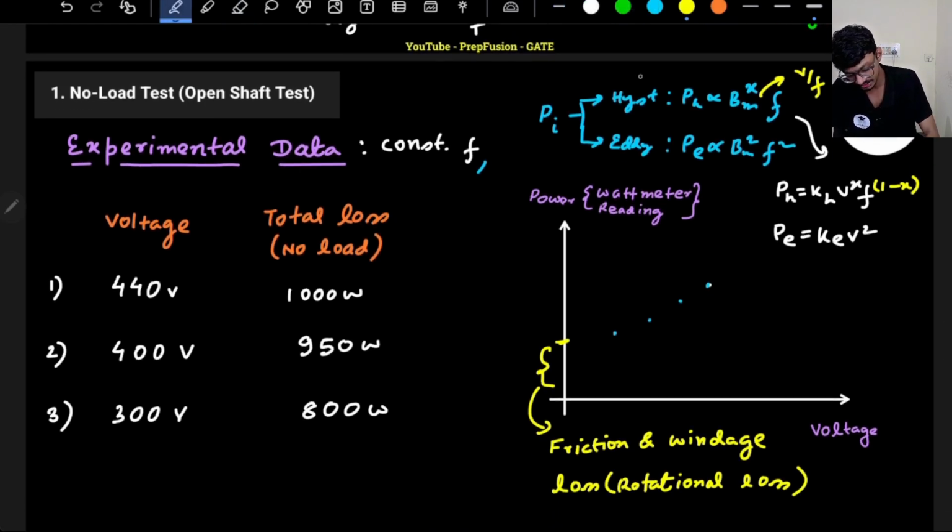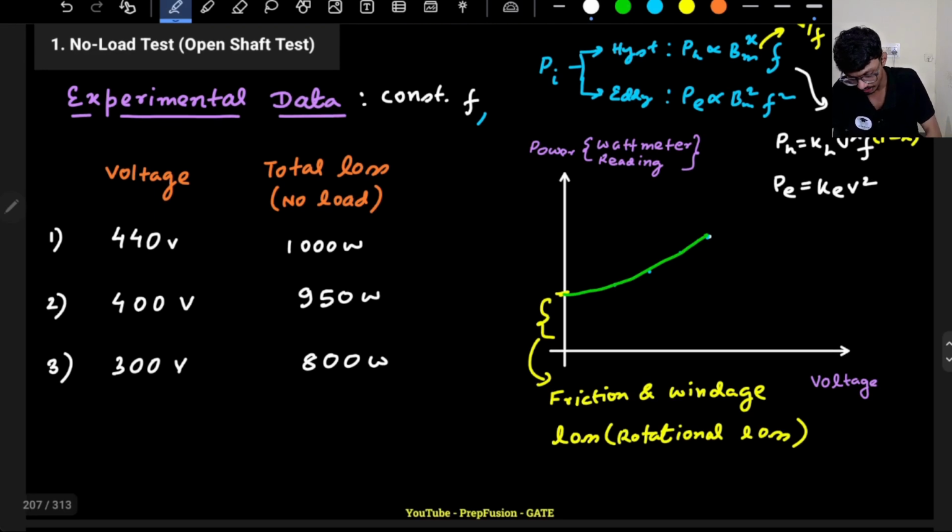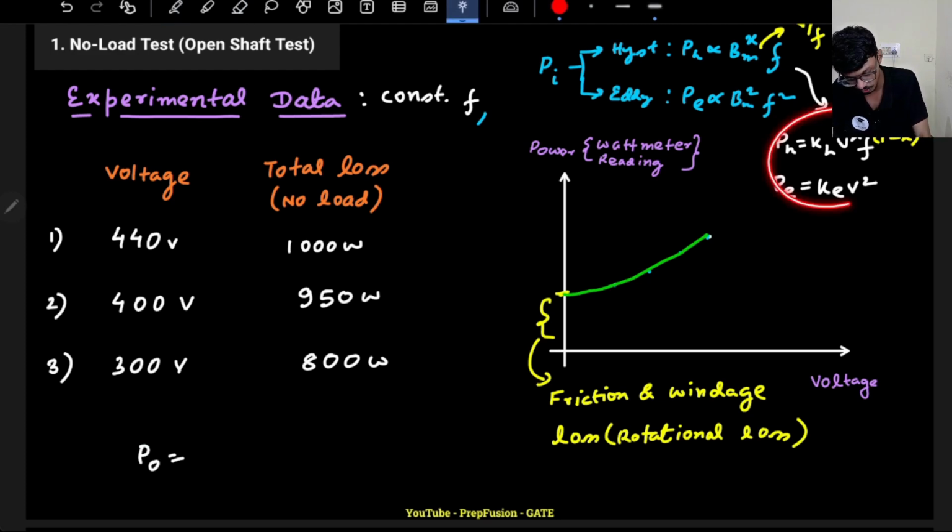Now only this much is left, so we'll plot the graph, right? And from here I can equate and find out the equations. With different numerical methods, I can find out these constants. These are all just constants. So what will be the overall loss? The overall wattmeter reading, P0, will be equal to the iron loss, which is these two components.